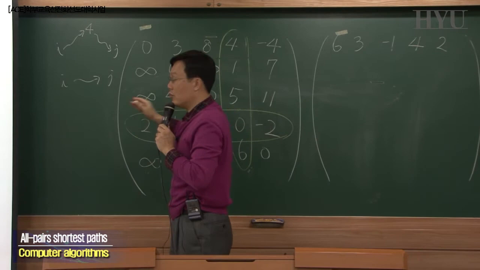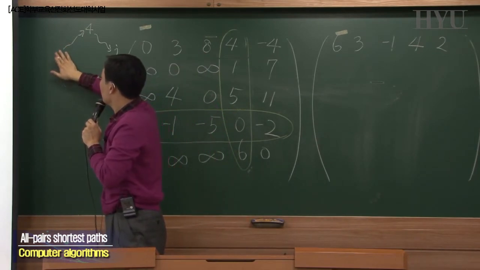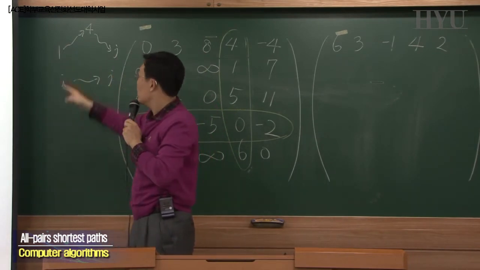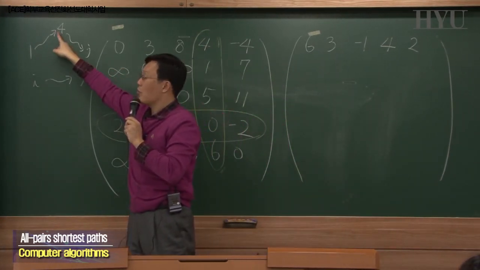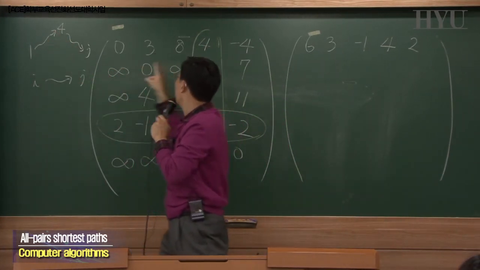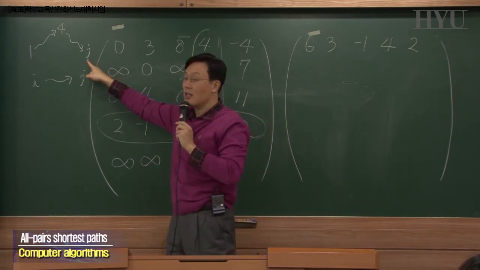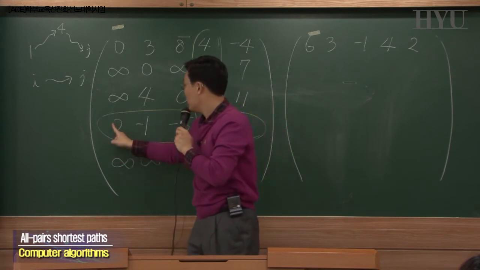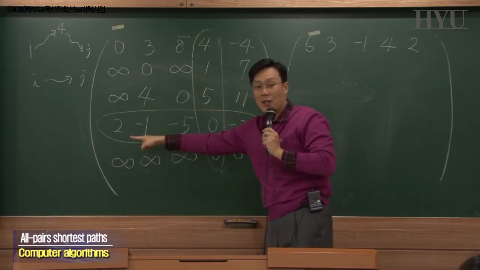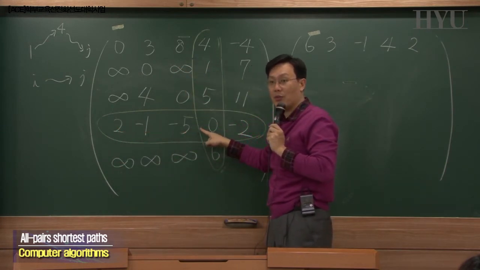In the first row, i is 1, so the path distance is 4, and then j is from 1 to 5. So these values are 4 to 1, 4 to 2, 4 to 3, 4 to 4, 4 to 5.